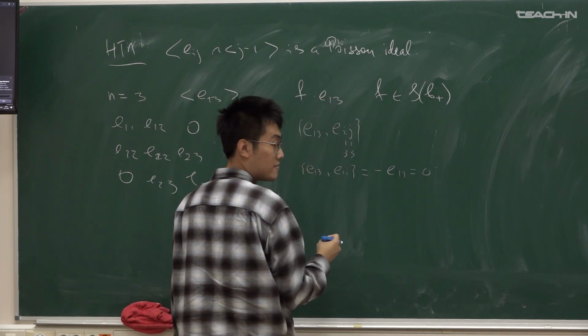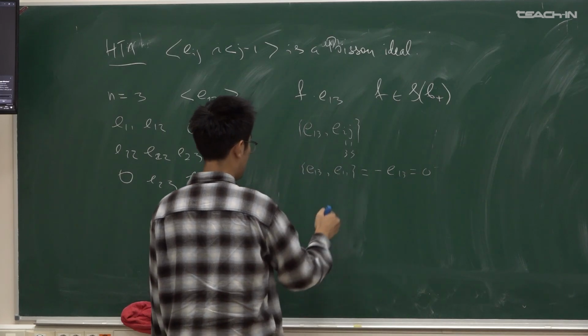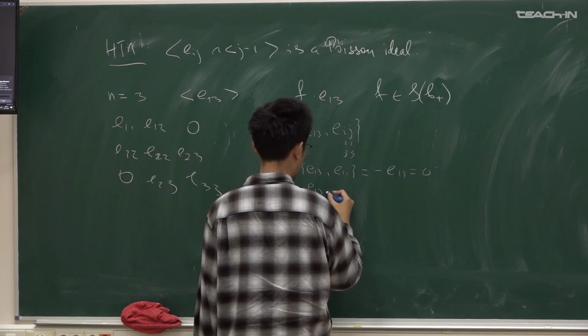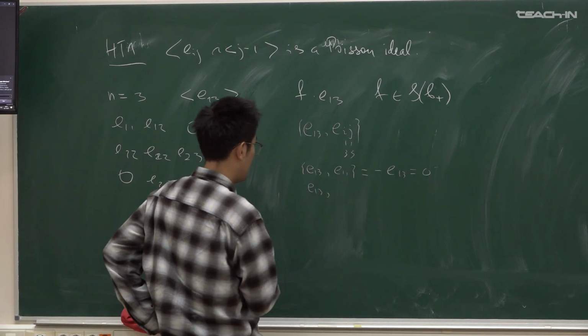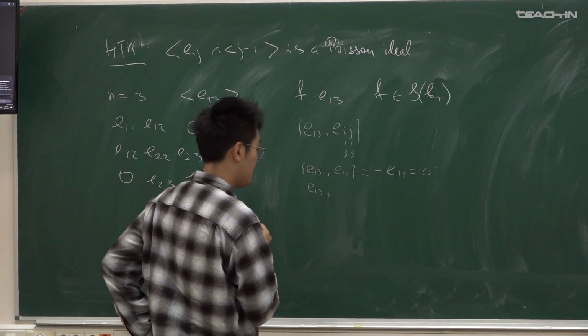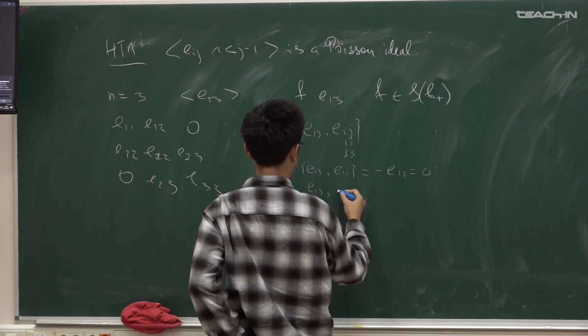You remember the Cartan element always acts diagonally. You see? All generators are the eigenvectors for the action of the Cartan element.